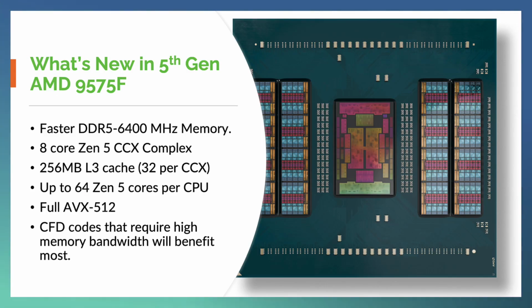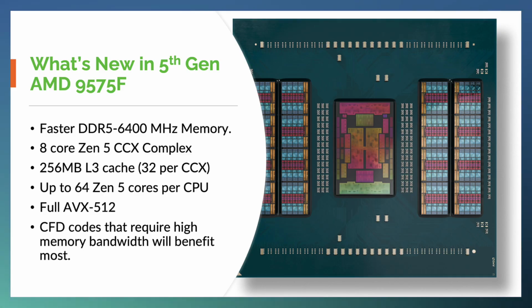Today what we're here to talk about is 5th Gen AMD. This just came out. We received our first one a little over a month ago. What the new 5th Gen has is faster DDR5 6400 megahertz memory, which is great for CFD applications that need more memory bandwidth. The AMD design is a bunch of little complexes glued together with I/O to make these giant core-count machines.